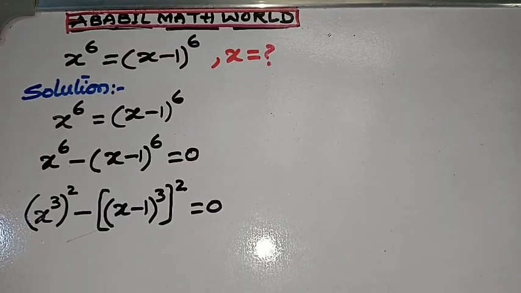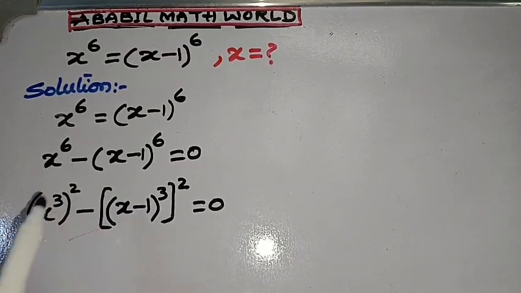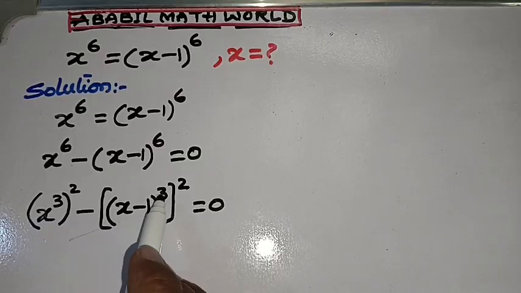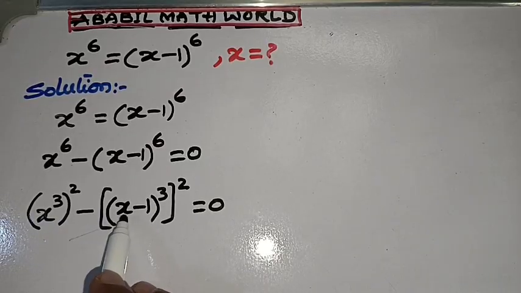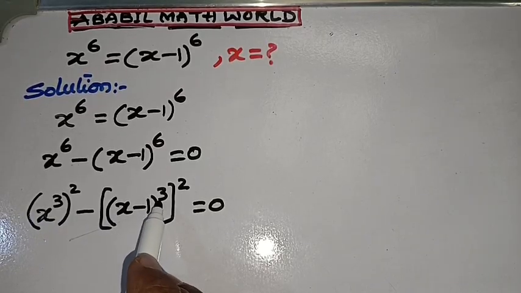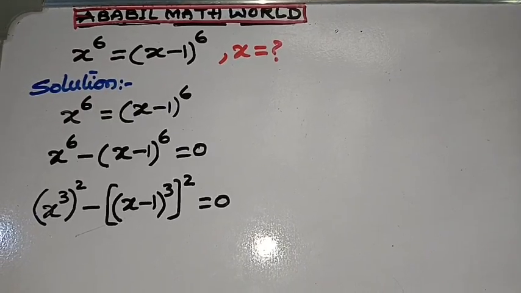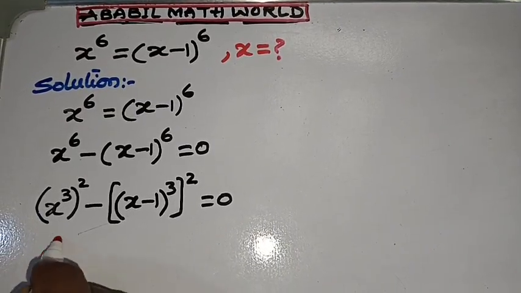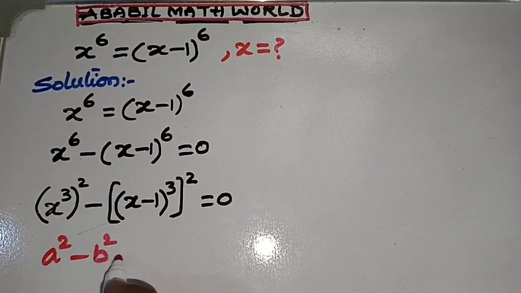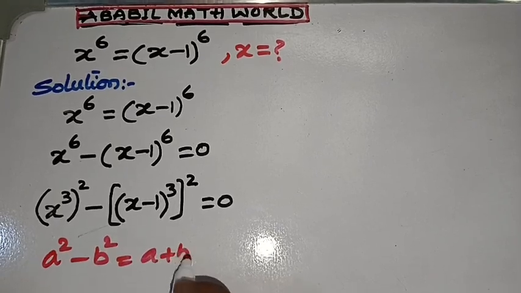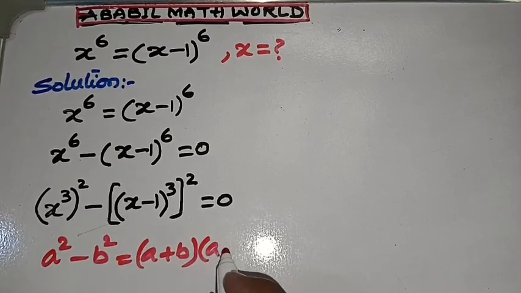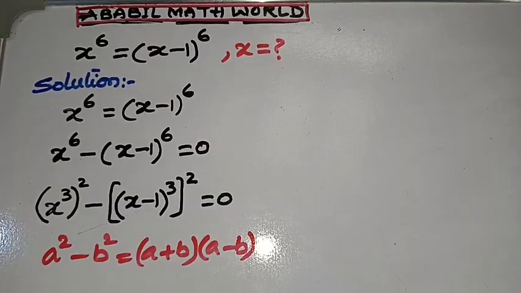And this is actually in the form of, if we think this is a square minus, if (x minus 1) whole cubed is b, it is b square. So a square minus b square form we have got. So the identity is a square minus b square is equal to (a plus b) into (a minus b).